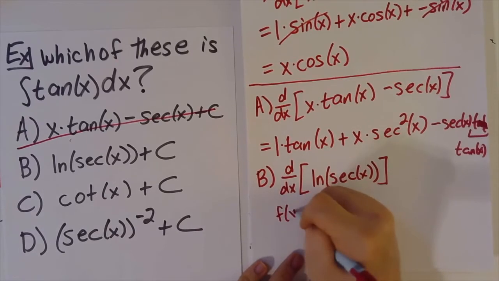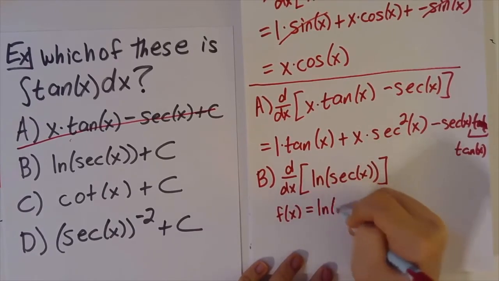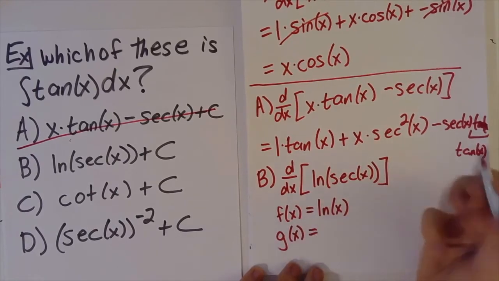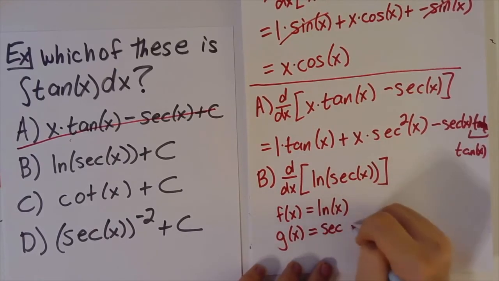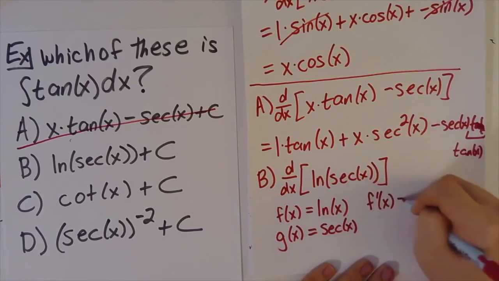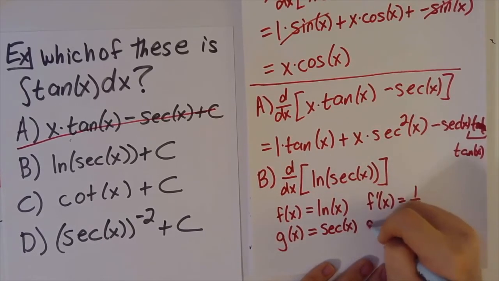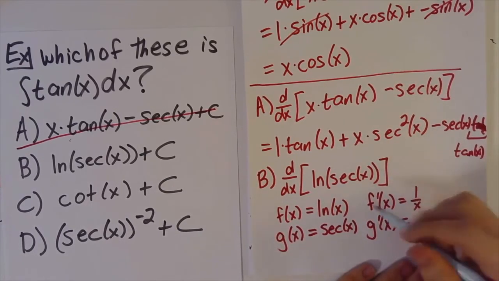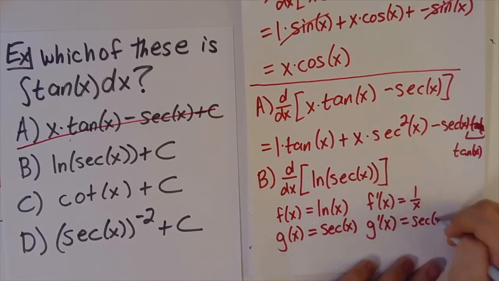My f of x is the natural log of x, my g of x is secant of x. F prime of x is 1 over x, and g prime of x is secant of x tangent of x.